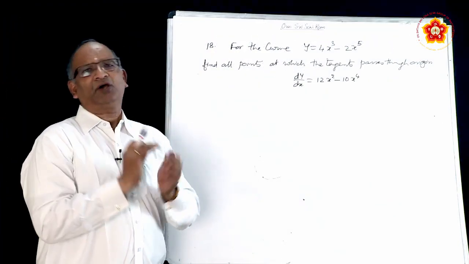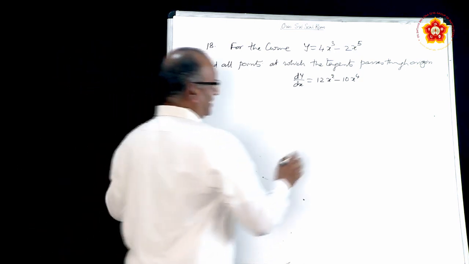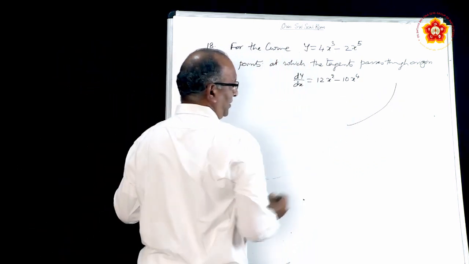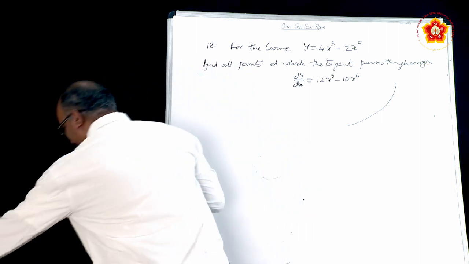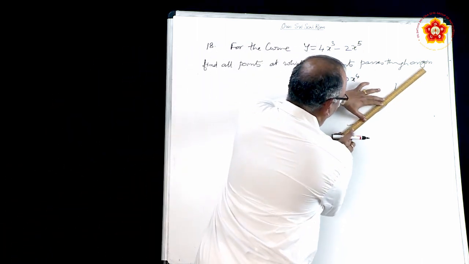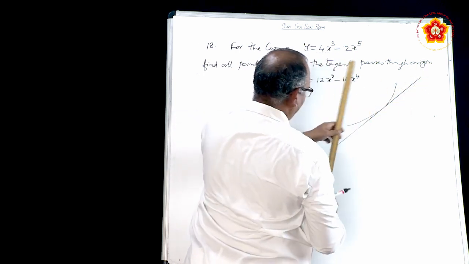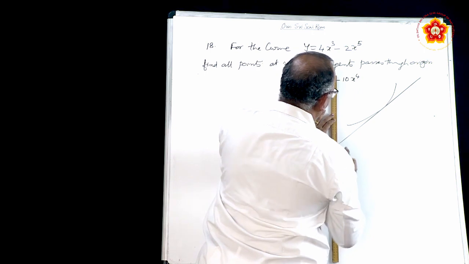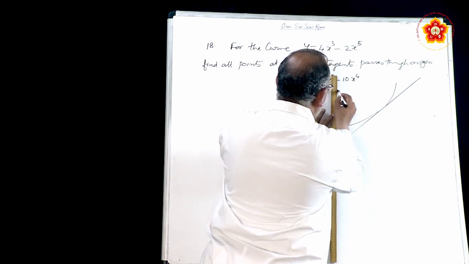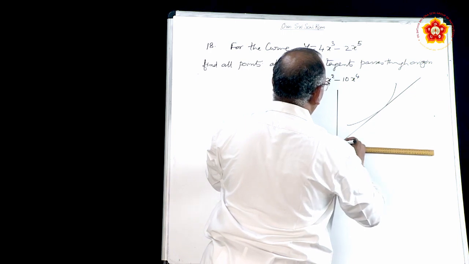What is this problem all about? Try understanding it. Suppose here we have a curve. You have drawn a tangent at some point. Let us say we have drawn a tangent and it so happens that this tangent is passing through the origin.